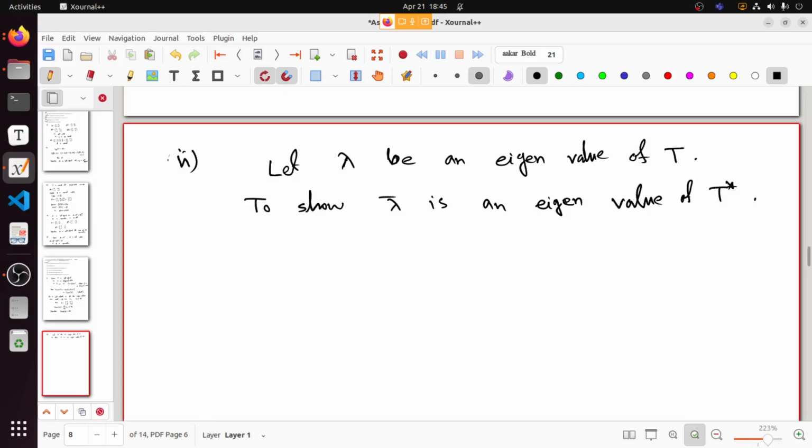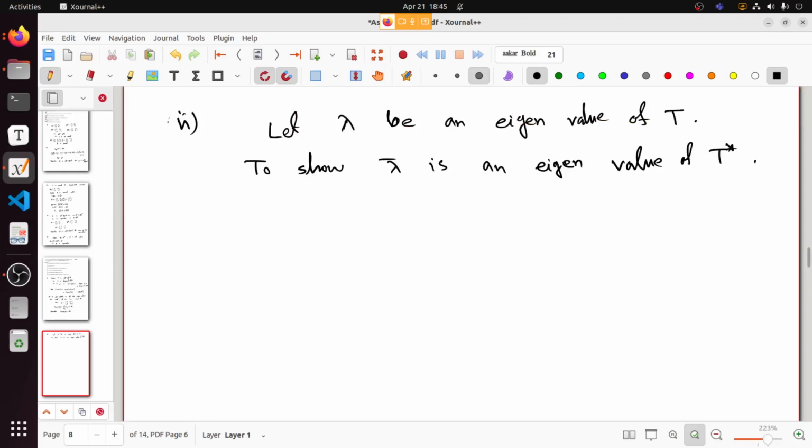Right. So first note one thing. Suppose lambda bar is an eigenvalue, then what will happen? Means what we have to show. Let w be a non-zero vector such that T star minus lambda bar I of w equals 0.